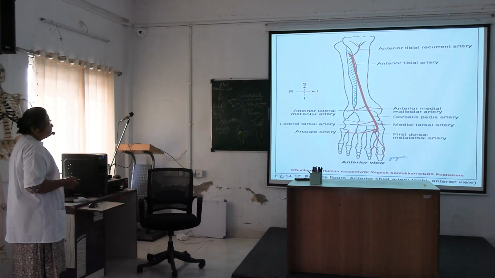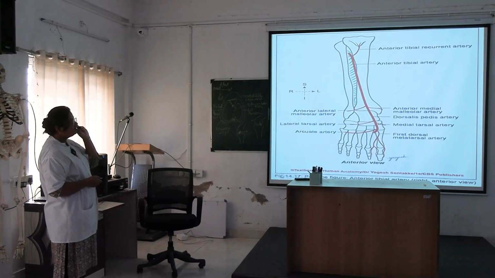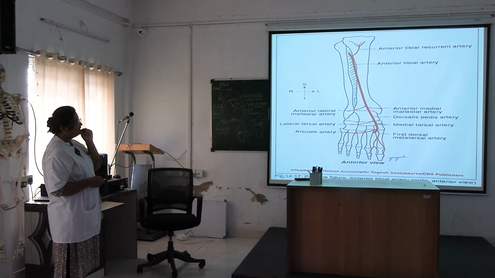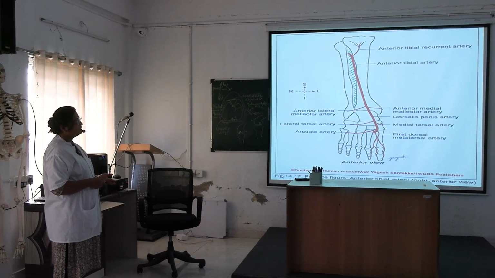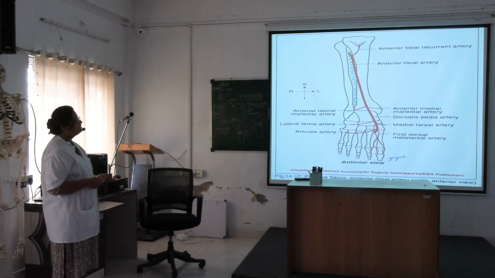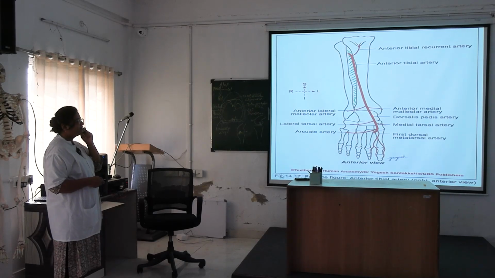In between the two malleoli, from this point it continues downward as the dorsalis pedis artery. These are branches of dorsalis pedis: medial tarsal, lateral tarsal, arcuate artery, first dorsal metatarsal artery.